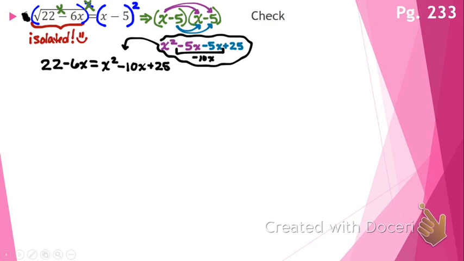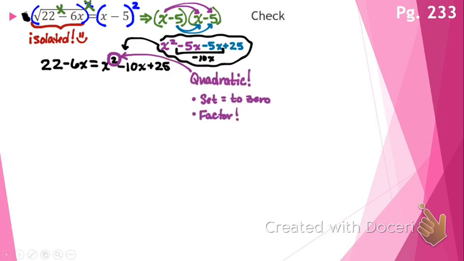The x squared. Whenever we see an x squared, what are we looking at? Starts with a Q. Quadratic. Yeah, this is a quadratic function, a quadratic equation. And we solve quadratic things by setting them equal to 0 and then factoring.